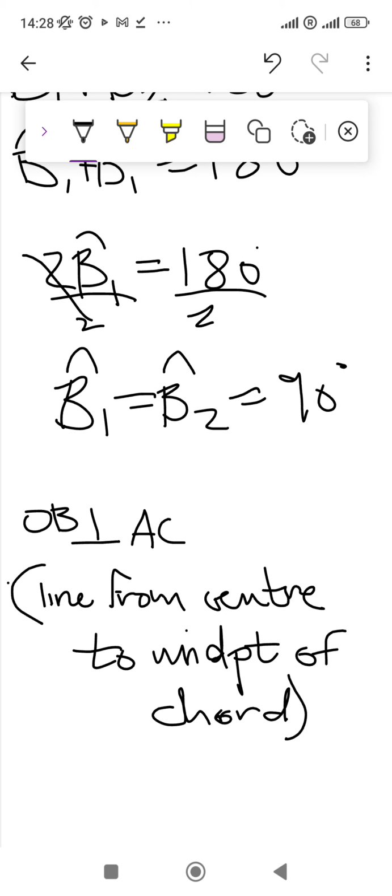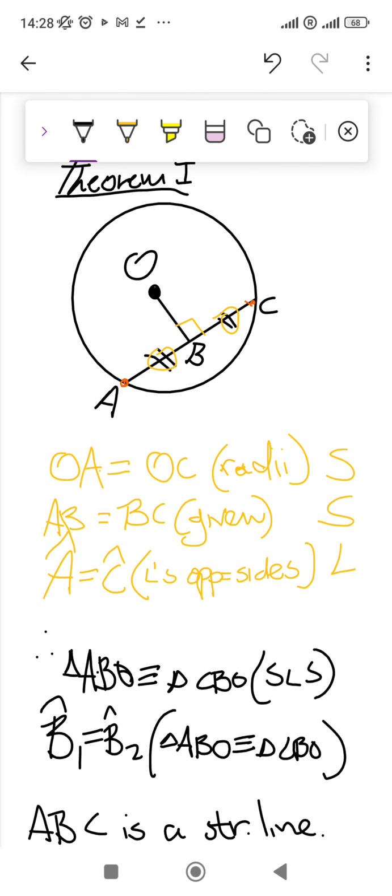Line from center to midpoint of the chord. Again, theorem one tells us that because of the 90 degrees, I know this is equal. The converse of theorem 1, because they are equal, that's 90.